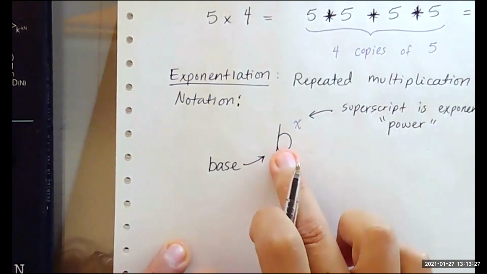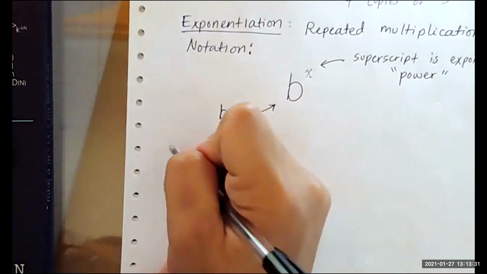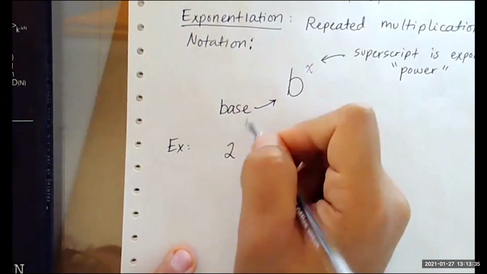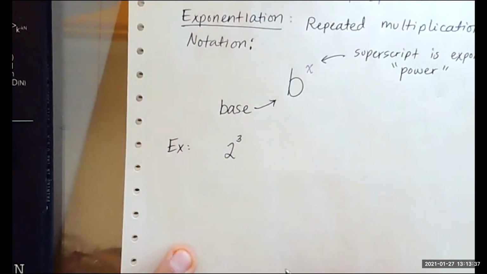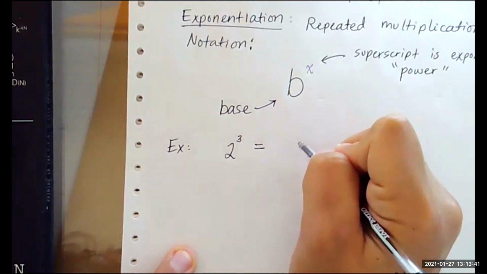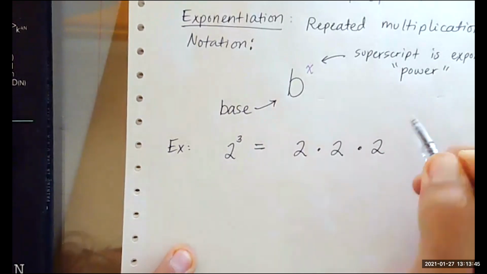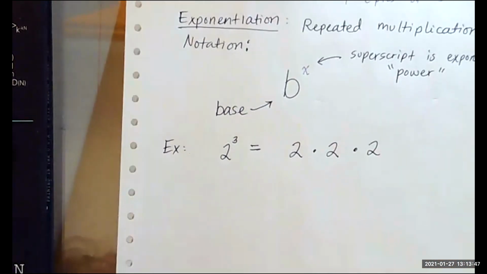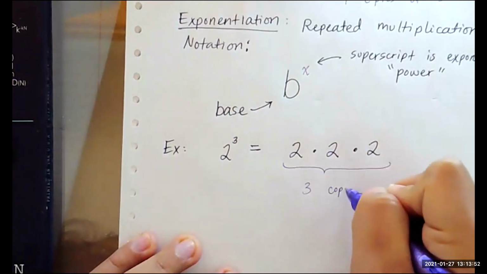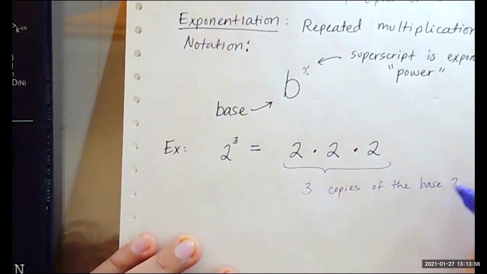We say that we have a number raised to some power. And so as a concrete example, if I had 2 raised to the 3rd power, this is actually 2 times 2 times 2. We're repeating that multiplication, but we have 3 copies of the base, 2.